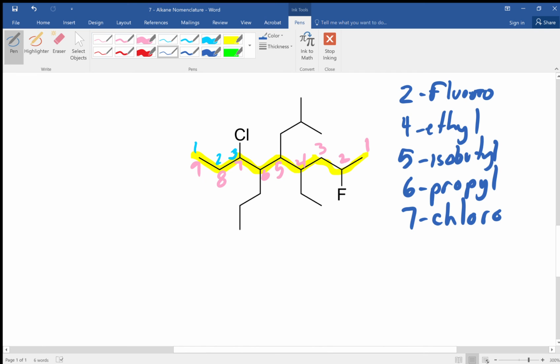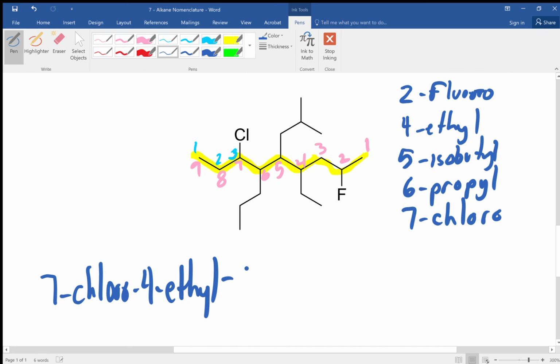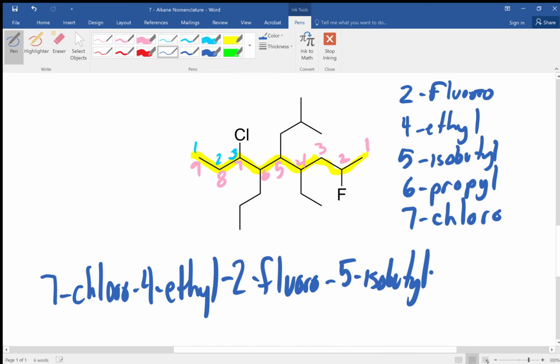So from here, we just need to put them in alphabetical order. So 7 chloro, 4 ethyl, 2 fluoro, 5 isobutyl, 6 propyl, nonane.